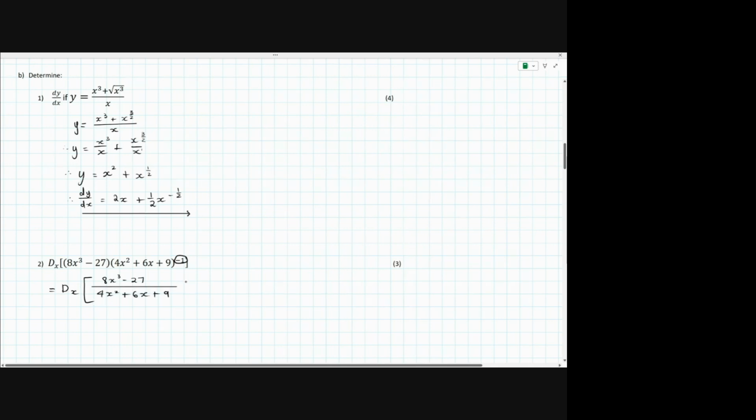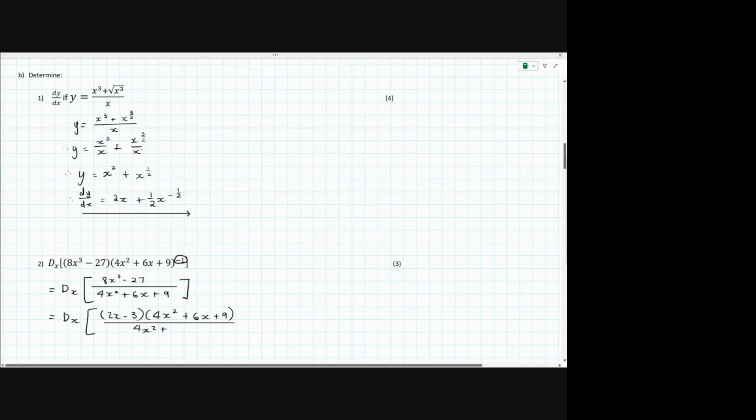And like I said, when I asked you to try this, you need to go back to the difference of cubes. So when we factorize this difference of cubes, we get 2x minus 3, yes, 2x minus 3, sorry, panic, times 4x squared plus 6x plus 9, all over that same quadratic.